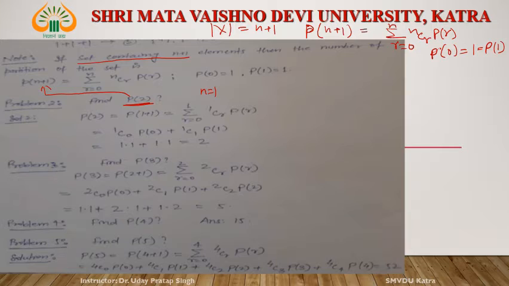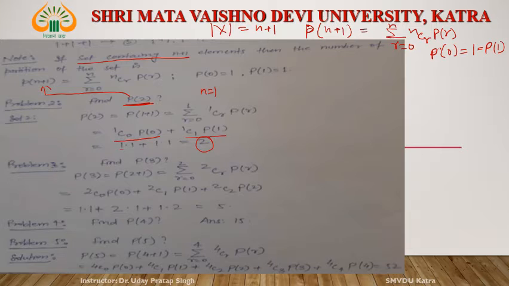Then nCr is 1Cr times Pr, where r varies from 0 to 1. Then 1C0 P0 for r equal to 0, plus, since this is a summation, 1C1 P1. What is 1C0? 1. What is P0? P0 is already given as 1. What is 1C1? 1. What is P1? 1. This is equal to 2. Therefore, P2 is equal to 2.